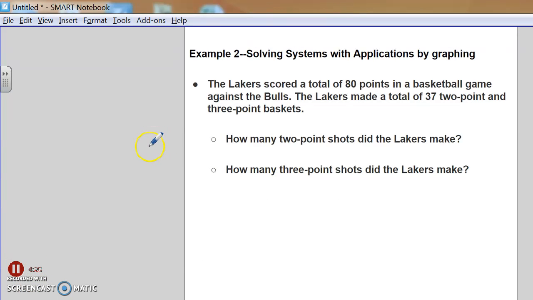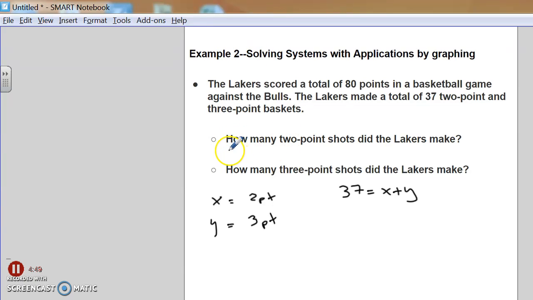The Lakers scored a total of 80 points in a basketball game against the Bulls. The Lakers made a total of 37 2-point and 3-point baskets. So I'm going to call X the 2-point shots, and Y would be my 3-point shots. 37 is equal to X plus Y because we've got so many 2-pointers and so many 3-pointers.